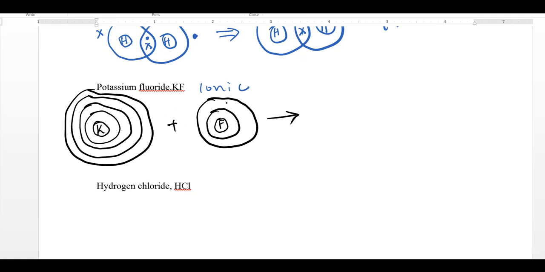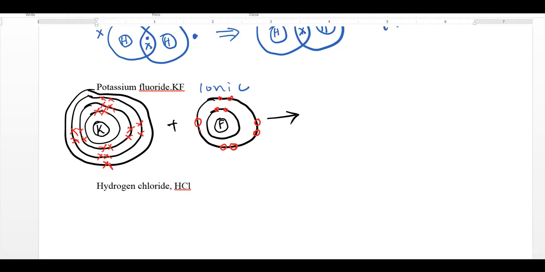So they have electron configurations: the innermost energy level is 2, followed by 8. This is the structure for potassium, and this is the structure for fluorine. Fluorine, the outermost energy level has 7. Fluorine needs only 1. So potassium has 1.